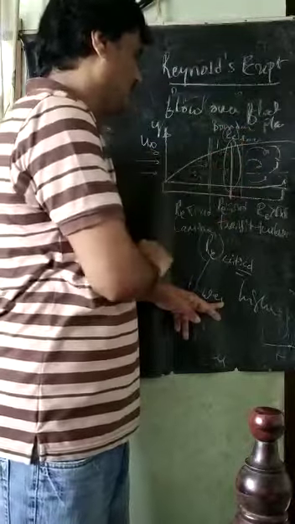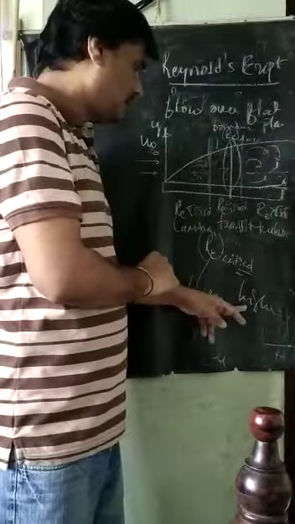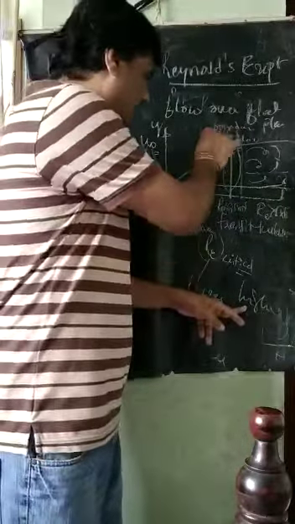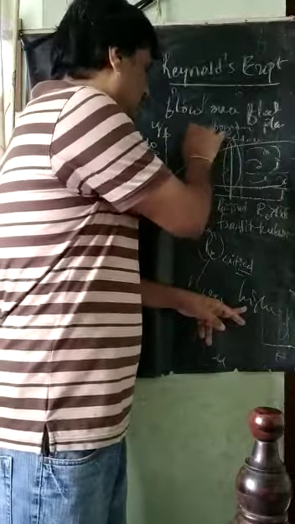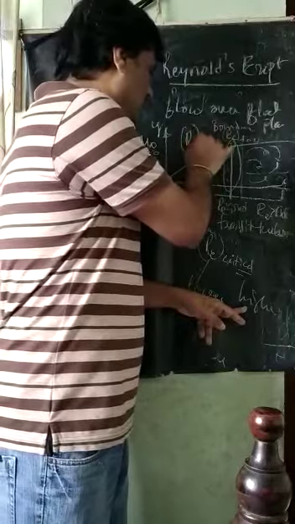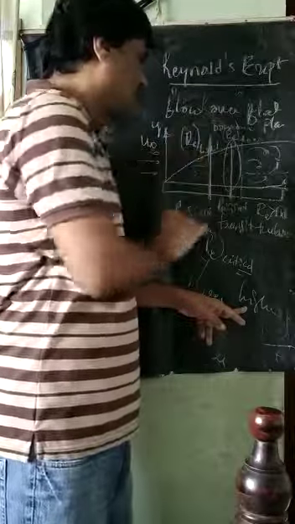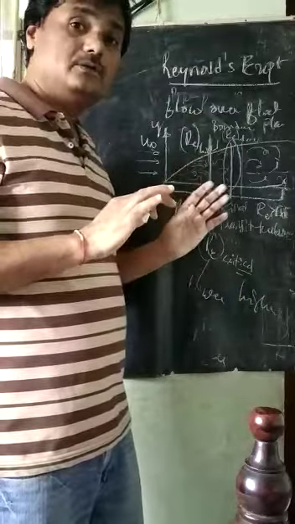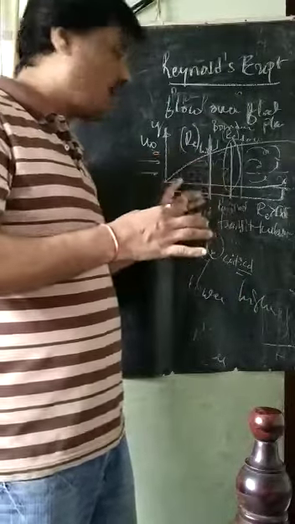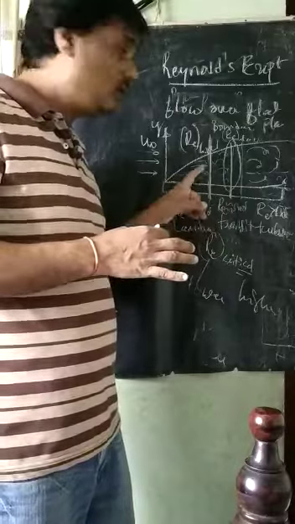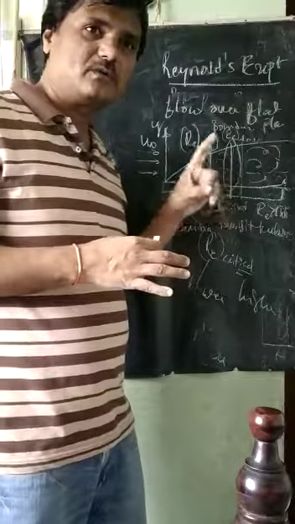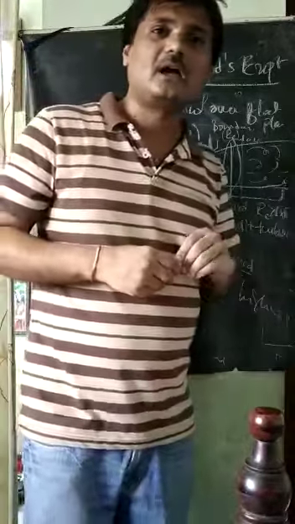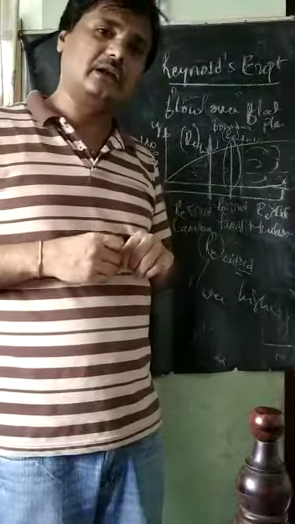And the higher critical Reynolds number is at this position here. At this Reynolds number, the fluid changes its characteristic from laminar to turbulent. Just as transition starts, it is called the higher critical Reynolds number.